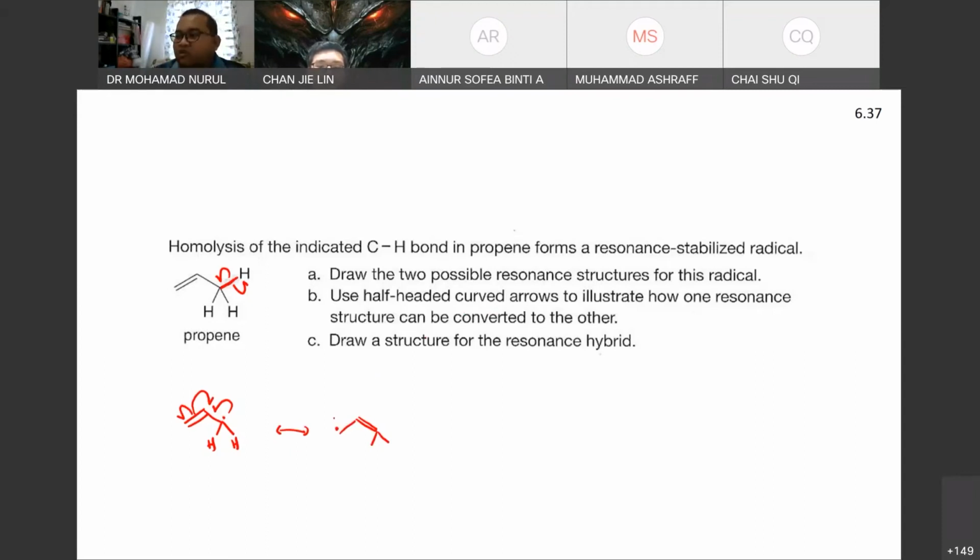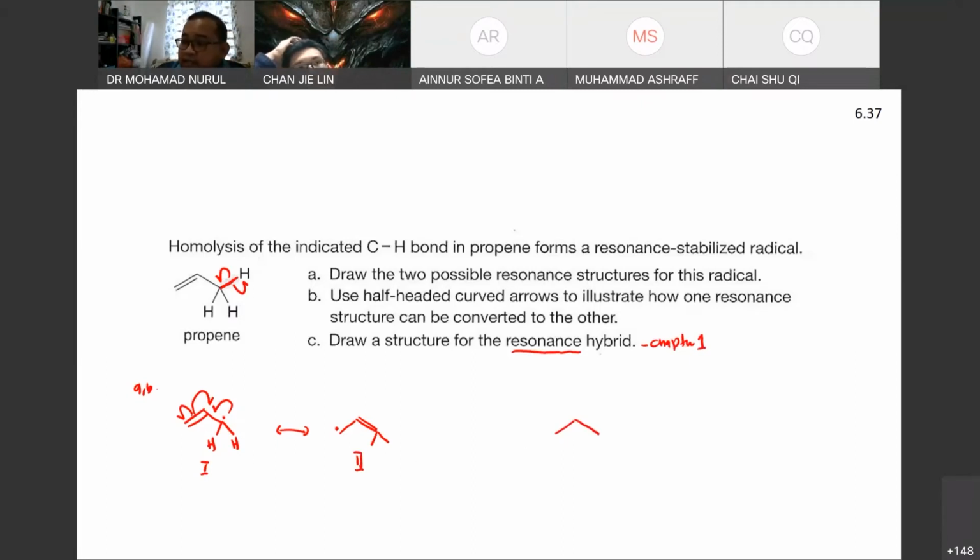Oh, ada jawapan dah. B. Okay, A and B here. Draw the resonance hybrid. So from these two resonance structures, draw the resonance hybrid. This one is chapter 6, chapter 1. So hybrid, draw all the sigma bonds.